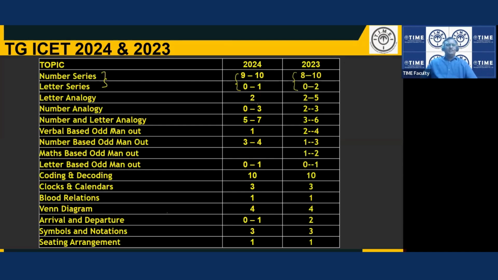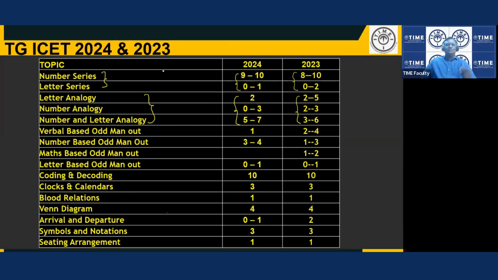Average approximately 10. Analogy, number analogy, letter analogy, and number and letter analogy together cover 2 to 5 questions, generally maintaining an average of 5. When series questions were fewer in 2024 and 2023, analogy questions increased.